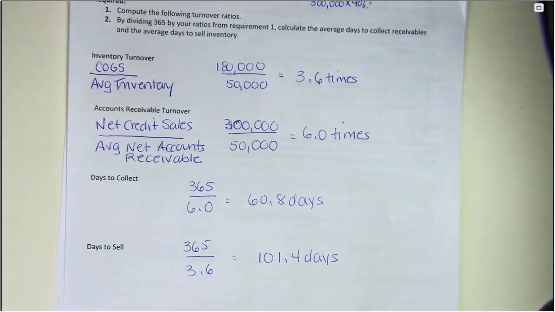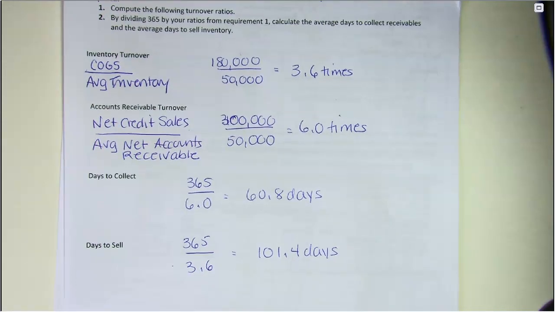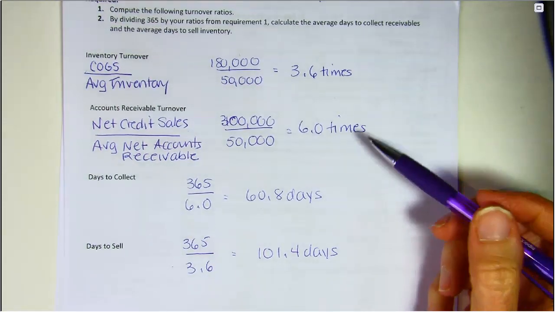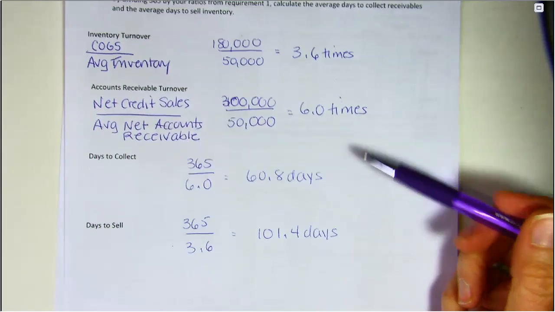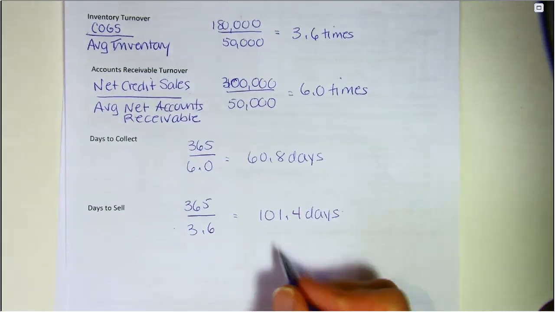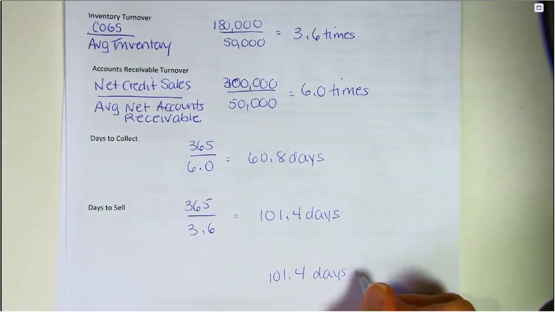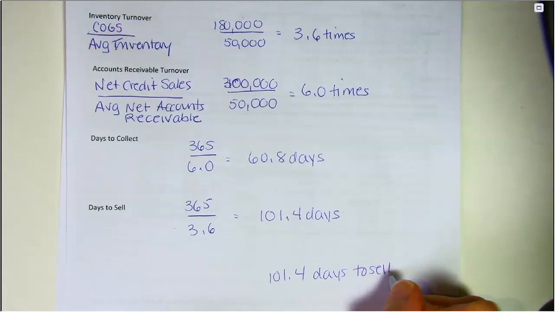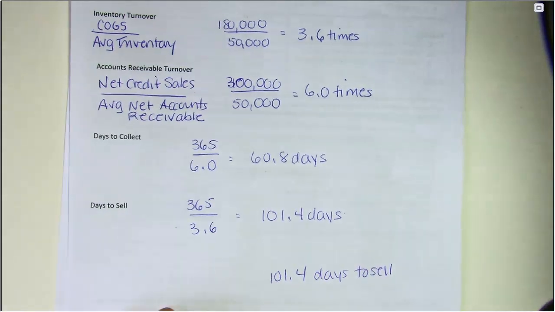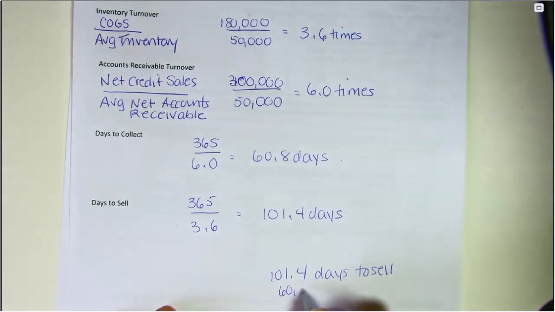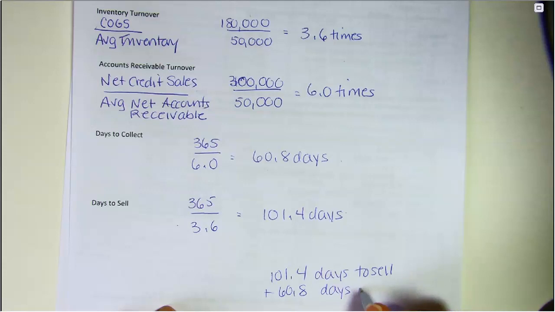Now, while we're here, I want to point out one more thing. Another way you can use these ratios. After buying inventory, it takes the company 101.4 days to sell. Then it takes Double West Suppliers 60 days to collect their money after they sell.